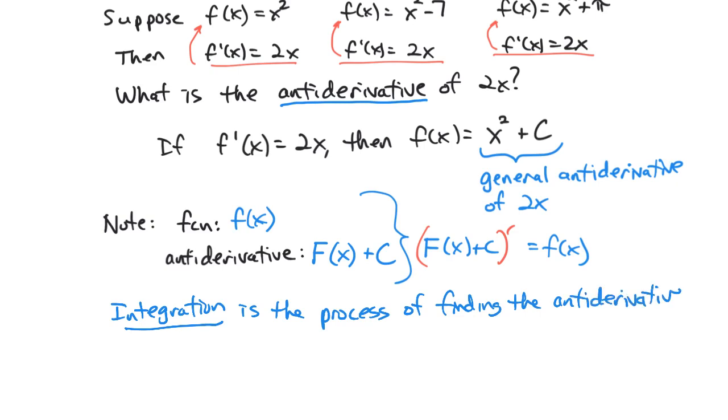And what we'll find out is that taking the derivative of a function is very easy. It'd be really difficult for me to come up with a function that you couldn't find the derivative for. But the reverse process is not easy.